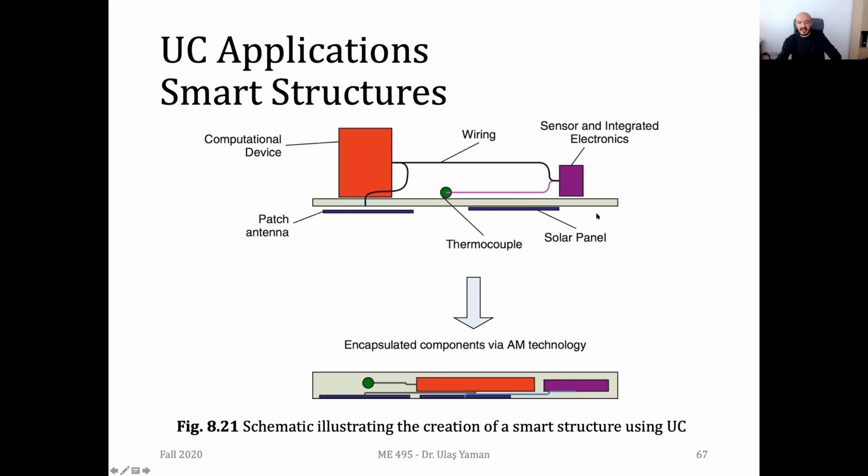With the help of this process, ultrasonic consolidation, we can deposit some material, some foils, and then do the consolidation with ultrasonic vibrations and have these products actually embedded into a single unit. So this is an advantage of ultrasonic consolidation.